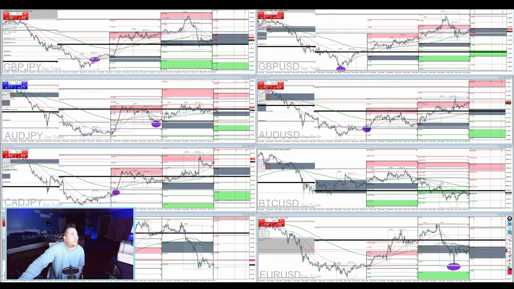I do have a pending order in on the Australian yen, a pending order on the Australia US dollar, and a pending order on the CAD yen. Then we're going to have to watch this guy. If we breach back above the M2 and then above the daily central pivot, that will be our trigger.